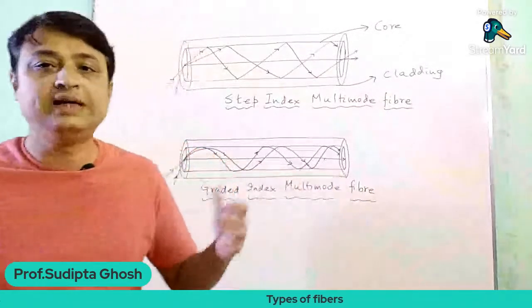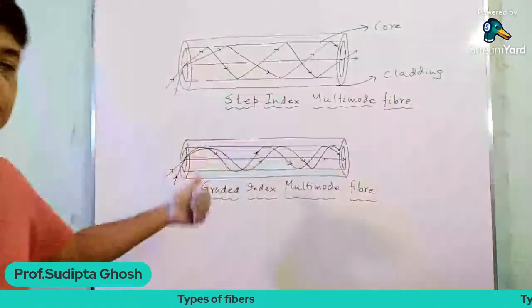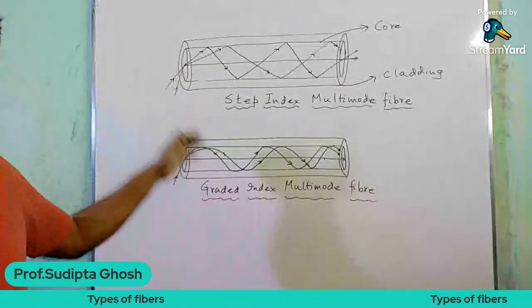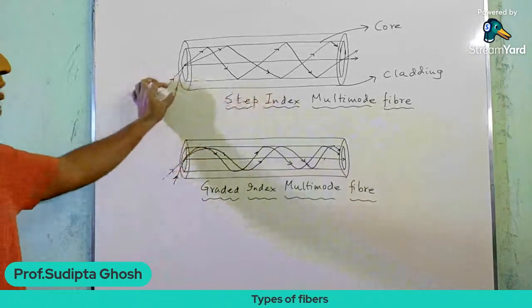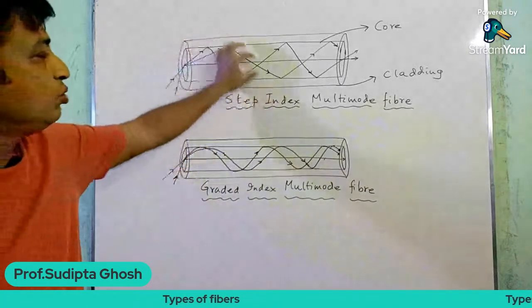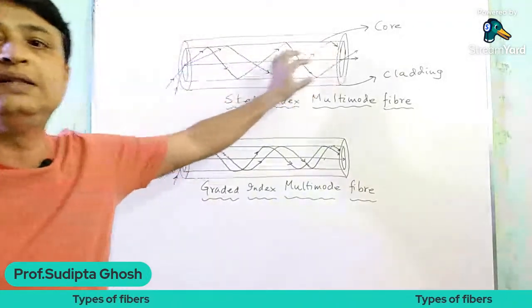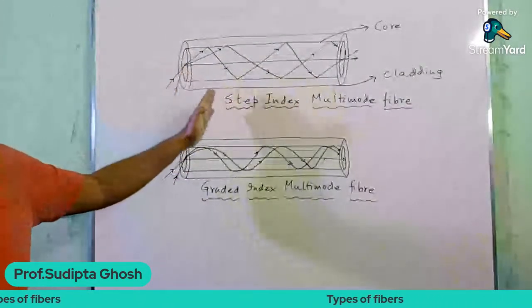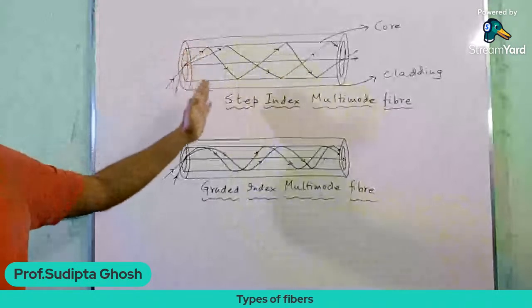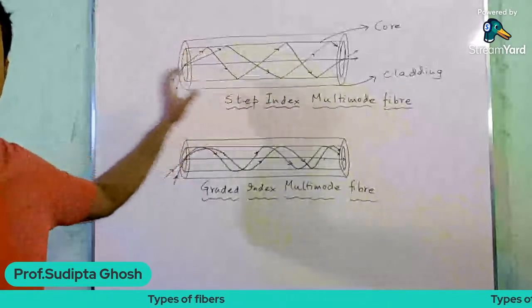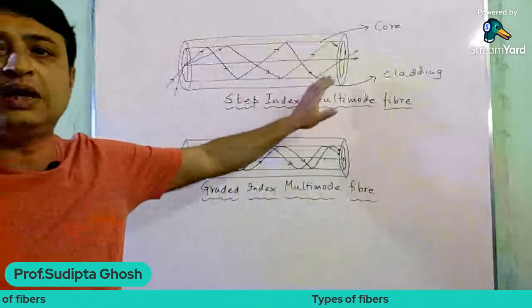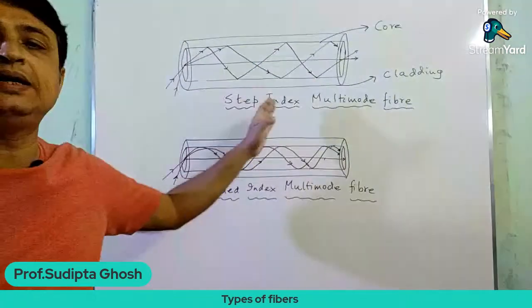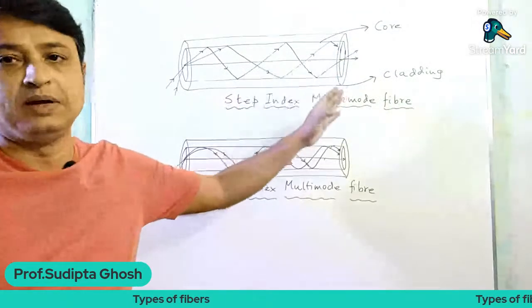So multimode, here I have shown two types of multimode fibers. Number one is the step index multimode fiber. As you can see, two rays can be propagated within this fiber. As the refractive index is uniform, it is a step index, but since the number of modes of propagation is more than one, it is a step index multimode fiber, right?